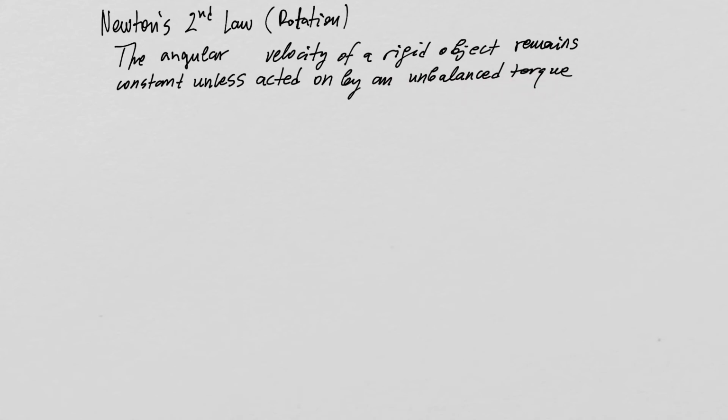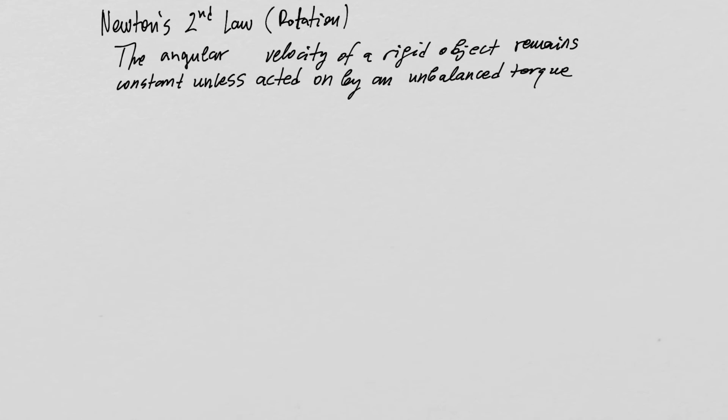That means that if an object is fixed to rotate about a fixed point but is at rest, it will never start to rotate on its own unless unbalanced torque is generated by applying some force. Furthermore, if an object is already rotating with a certain angular velocity, this angular velocity can only change if an unbalanced torque acts on the object, which means some force is applied to generate the torque.